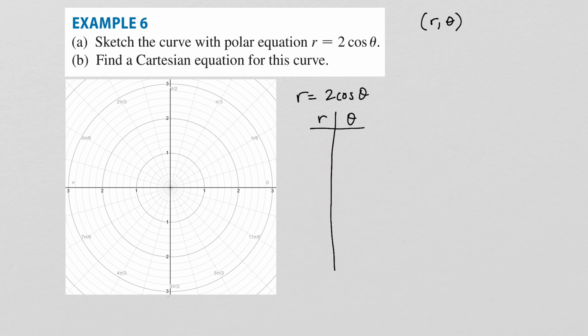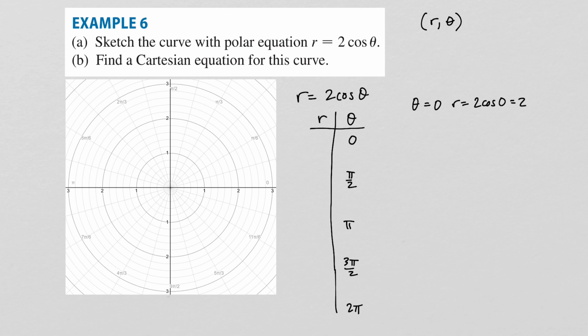And we'll start with just some basic values, like let's use theta equals 0, pi over 2, pi, 3 pi over 2, and finally 2 pi. So let's go ahead and plug these in. If theta is equal to 0, r is going to be 2 times the cosine of 0.